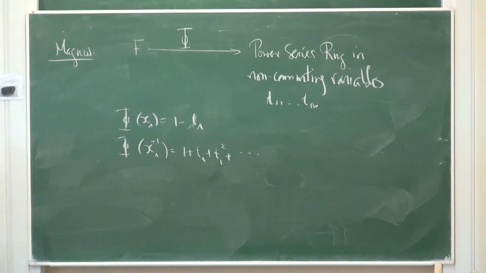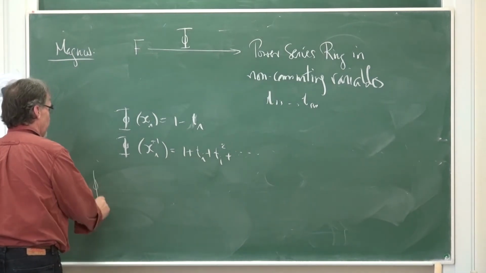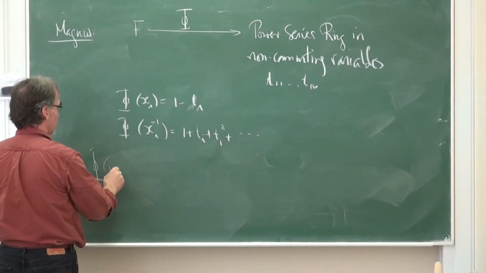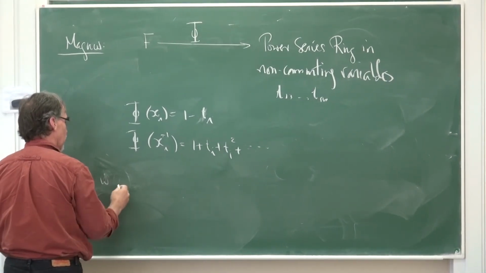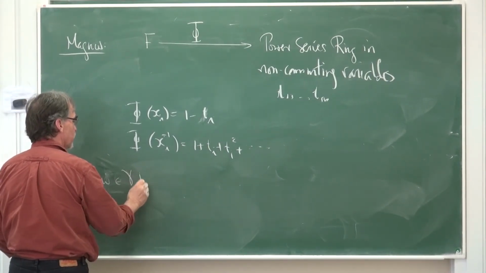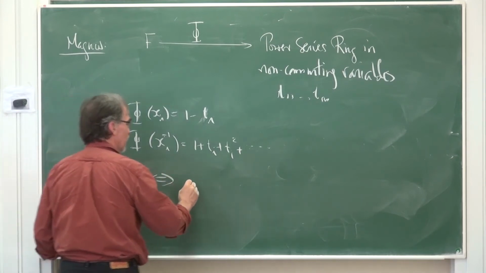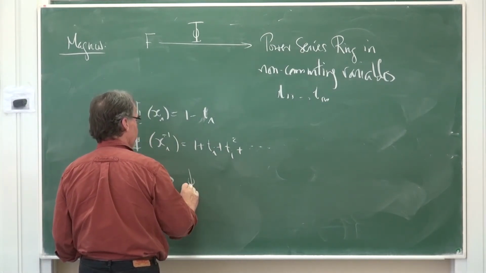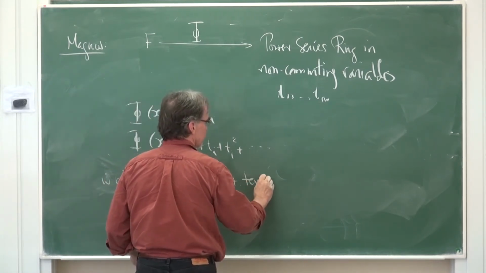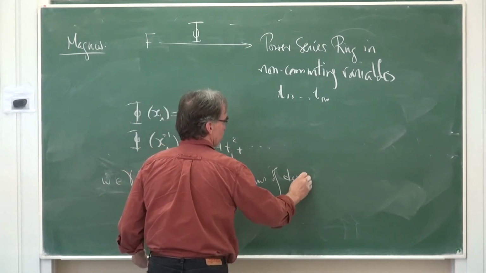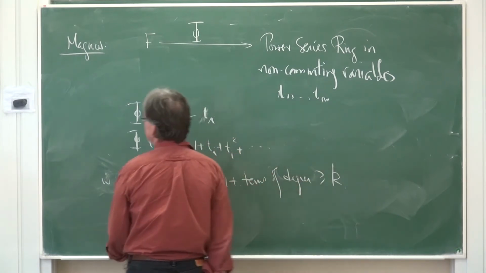And then his theorem was that a word in the free group is in gamma k of the free group if and only if phi of that word equals 1 plus terms of degree greater than or equal to k.